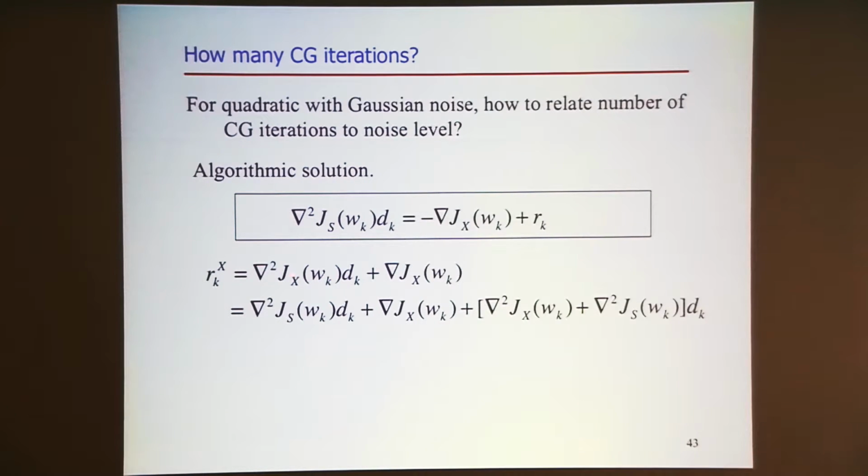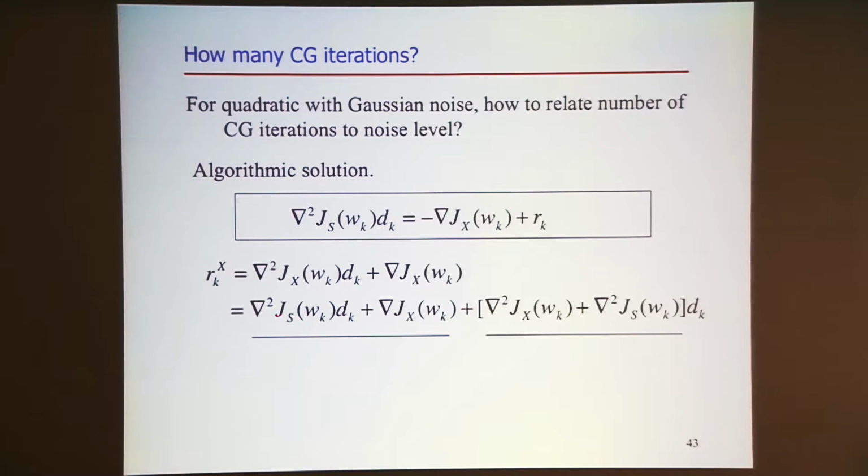Now, by adding and subtracting this Hessian with a sample S. This should be a minus sign here. Please just imagine that's a minus sign. So by adding and subtracting that term, this expression is equal to that.